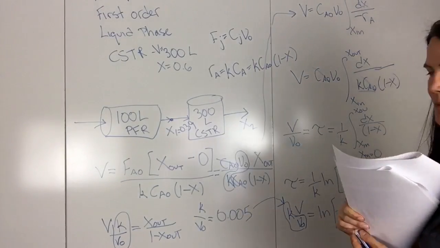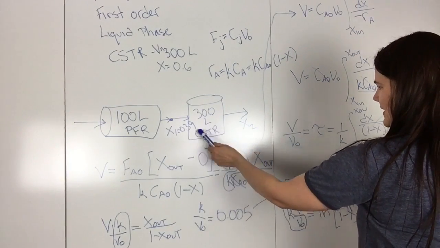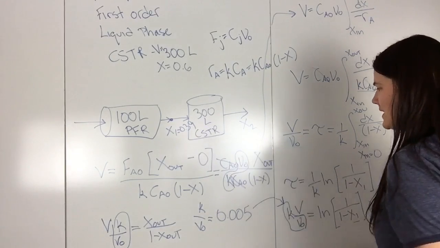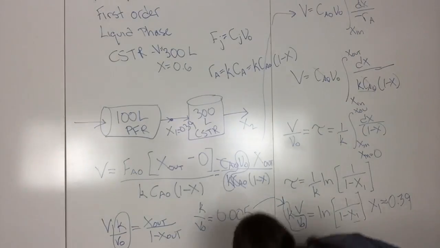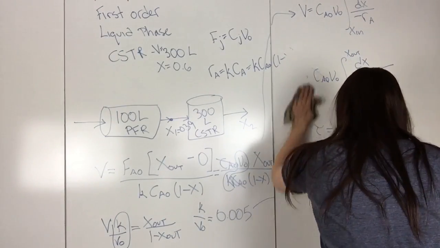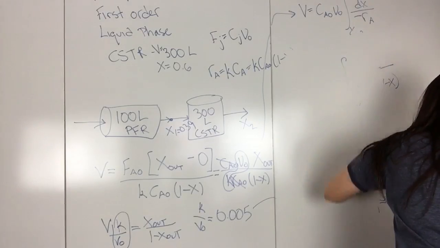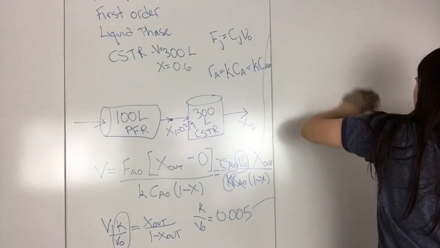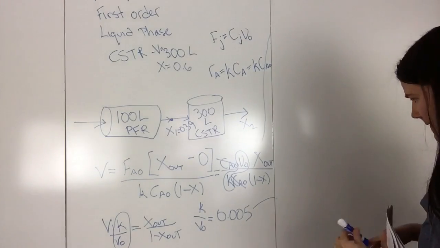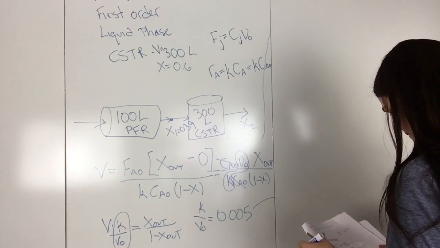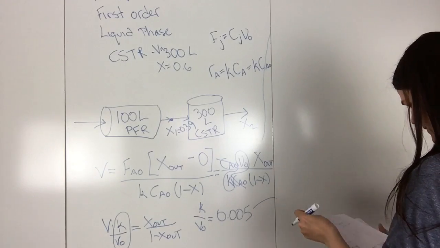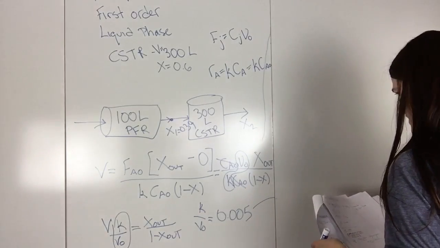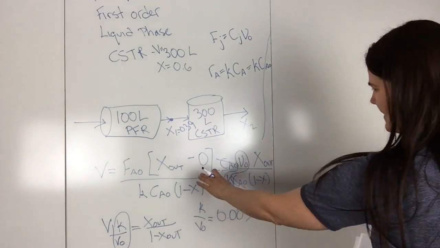And then for the second part of the problem, we need to solve what the conversion is for the CSTR when it's in series with the PFR. So I'm going to erase this. All right, so for the CSTR, we want to go back to the design equation again.